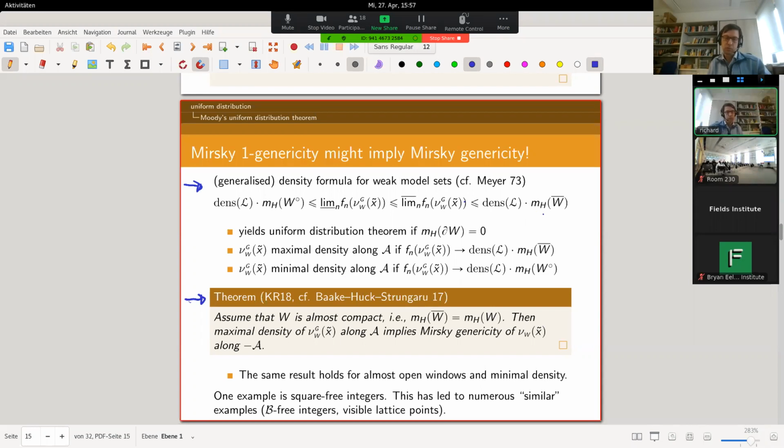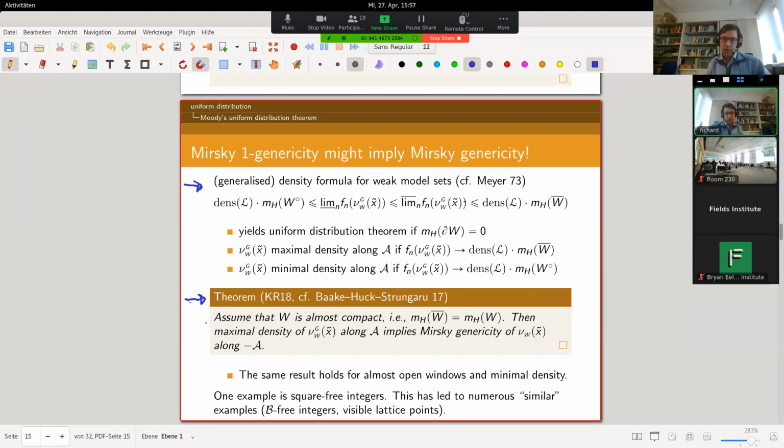This dates back to Meyer and has been proven using different techniques over time. Of course, this also yields the uniform distribution theorem for nice windows, but this also tells you that these two extreme scenarios, maximal density and minimal density, might be interesting.